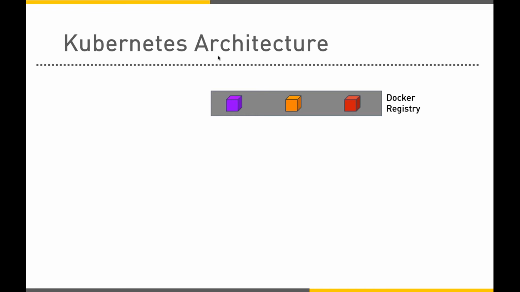If you have attended my previous sessions, you remember the Docker commit, Docker tag, and Docker build commands through which we were able to create images, and using Docker push, we were able to push them to a private registry or to the public registry running on Docker Hub. Irrespective of where your registry is, you need to have your images accessible to the Kubernetes infrastructure. So that is the fundamental element of our architecture.